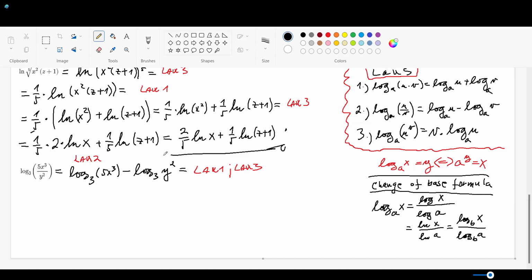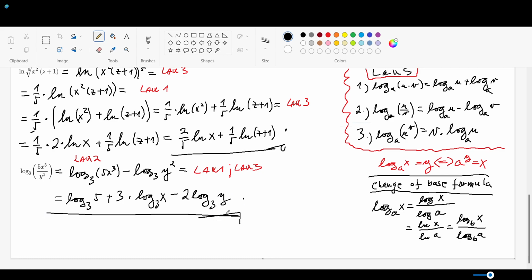So you can find very easily that our final result would be log base 3 of 5 plus 3 times log base 3 of x take away 2 times log base 3 of y. We really applied all the laws, and we made the solution faster than if we applied the laws for each term step by step.